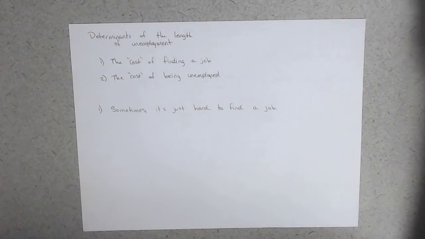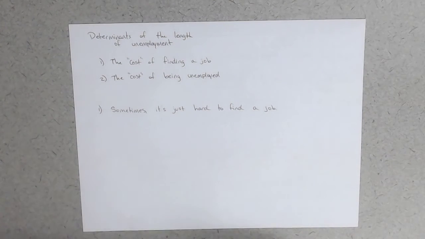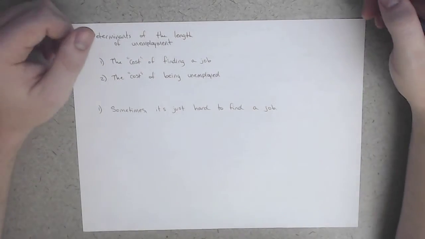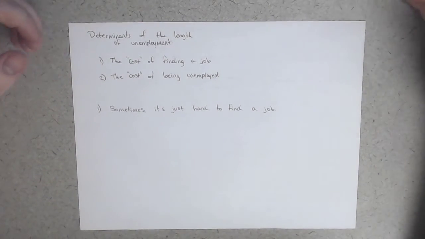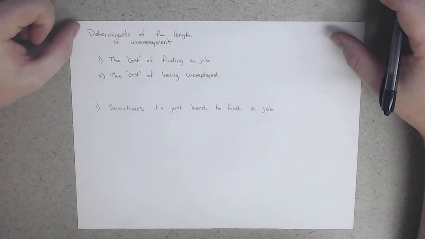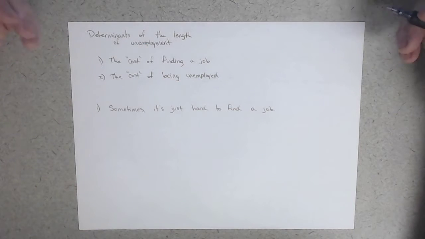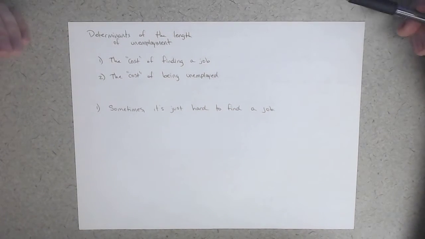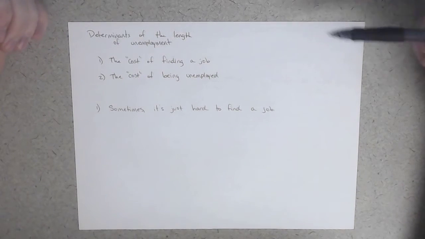But what you also have to do is find a job to apply to. Okay, so sometimes just knowing about a job opportunity takes time. Right? So you have to search for jobs. Websites like Monster.com, Indeed.com, these types of places help you to find jobs that you can apply to. But then you still have to actually go through the application process.